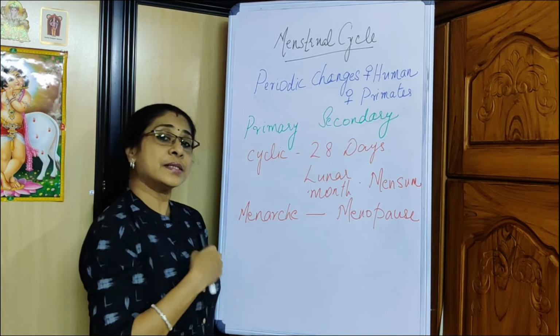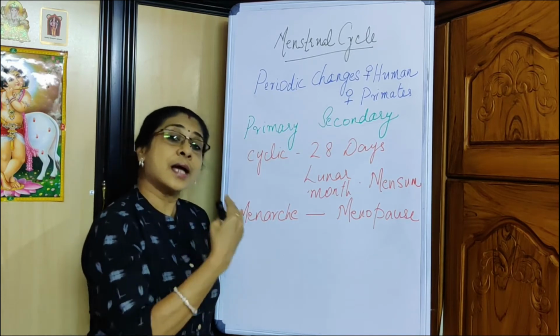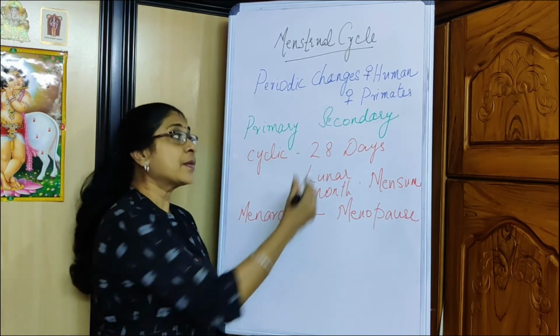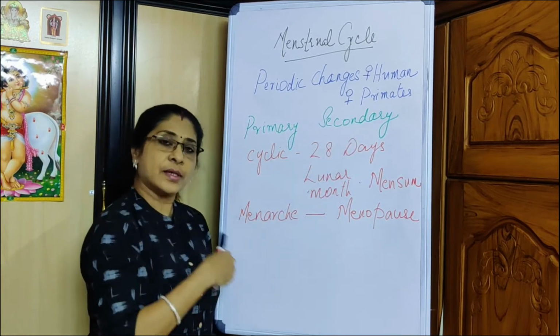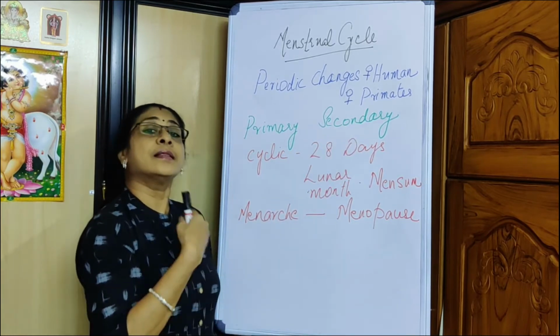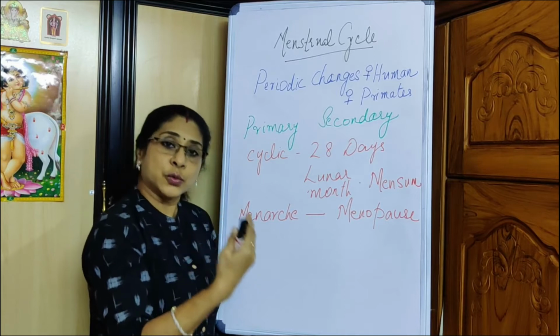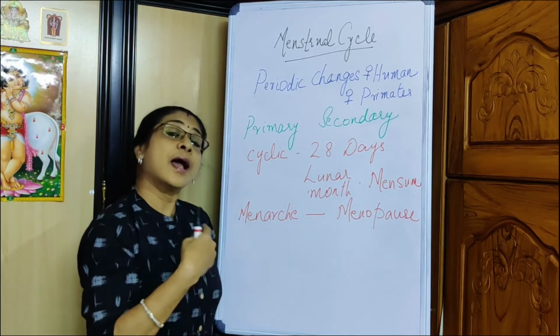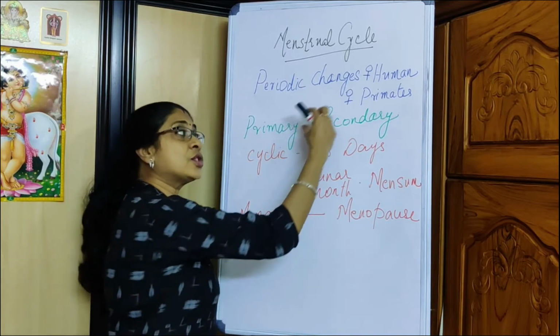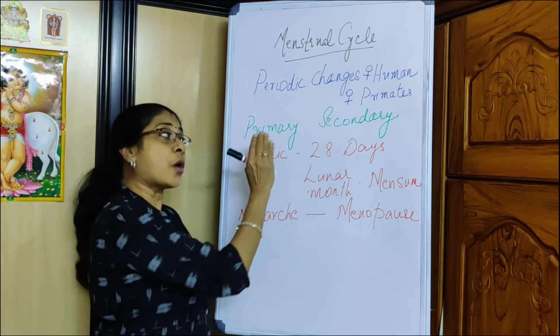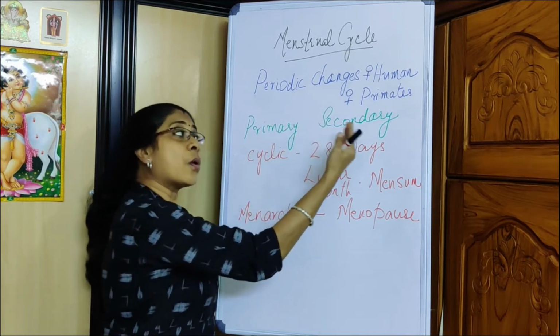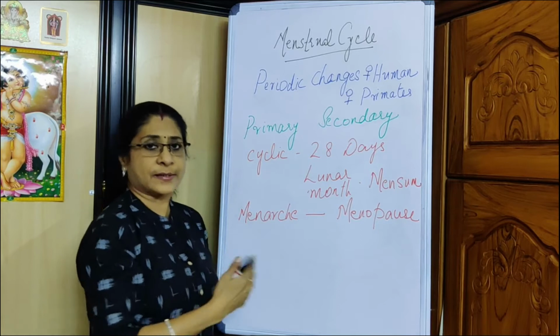Primary sex organ means the ovary. Changes happen in the ovary, and in the secondary sex organ. Secondary sex organ means the fallopian tubes, the uterus, the vagina, as well as the mammary glands. So changes are observed not only in the ovary but also in the secondary sex organs.